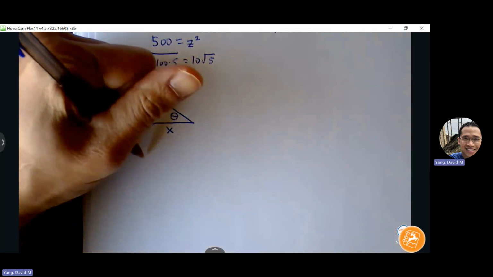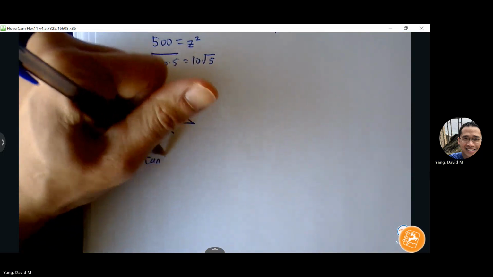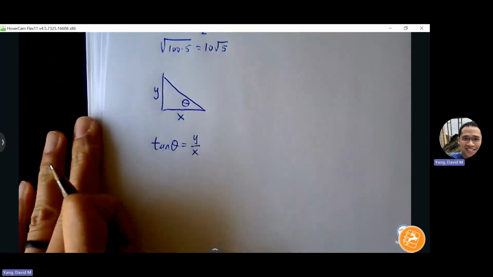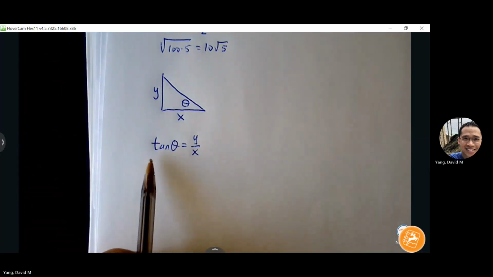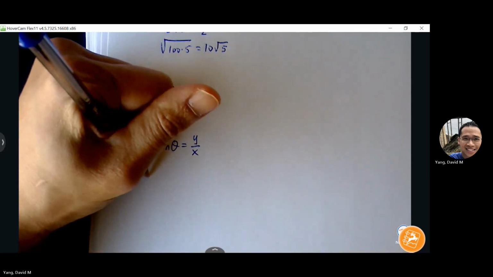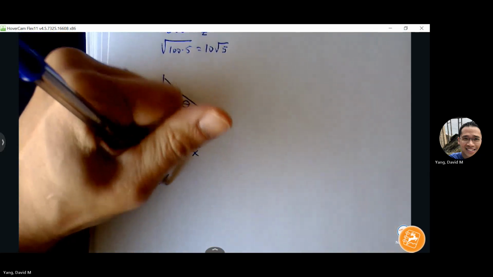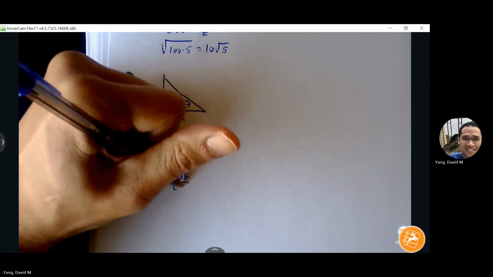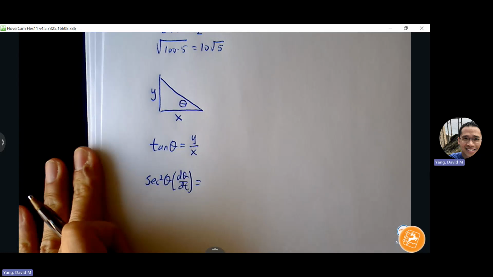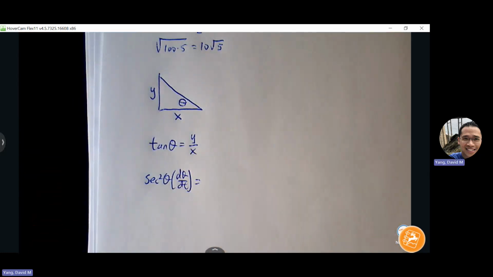So tangent of theta equals what? Y over X. Okay. Tangent theta becomes... and to the right side, we have to rely on what rule here? Quotient rule. Okay.